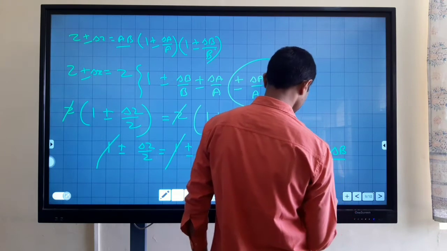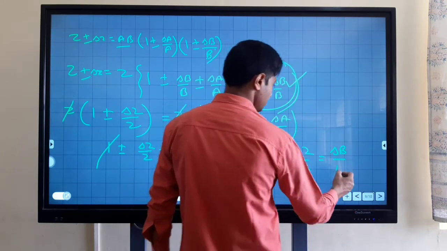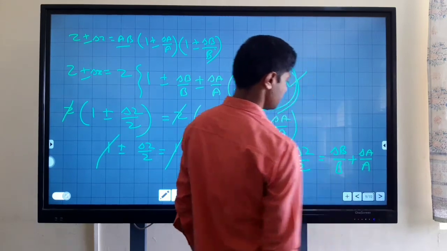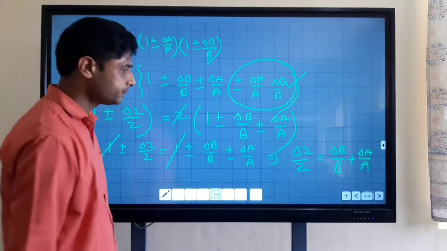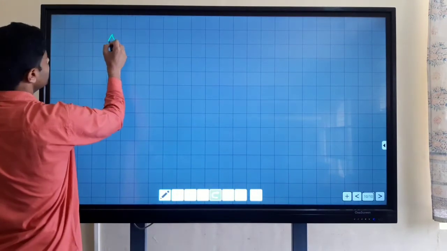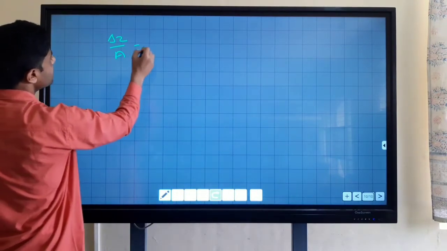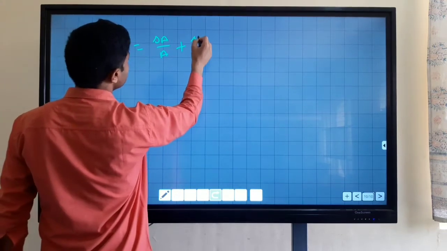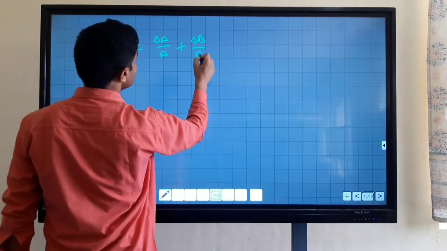It means del Z upon Z equal to del A upon A plus del B upon B.